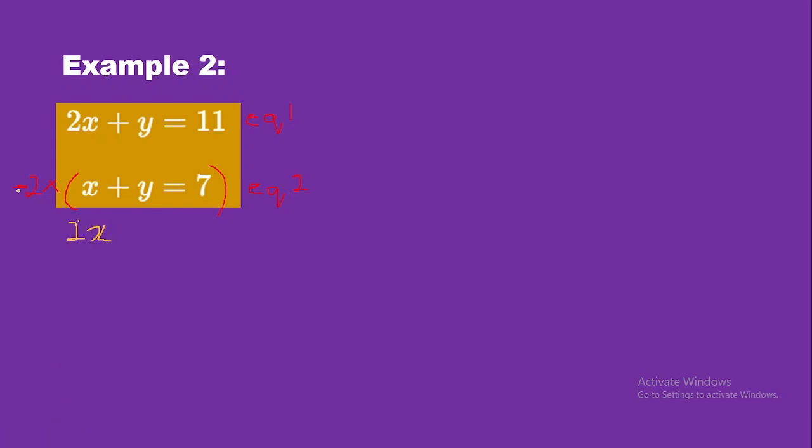Alright, so -2 times x, that's gonna be -2x, and -2 times positive y, that's gonna be -2y, and -2 times 7, that's gonna be equal to negative 14.